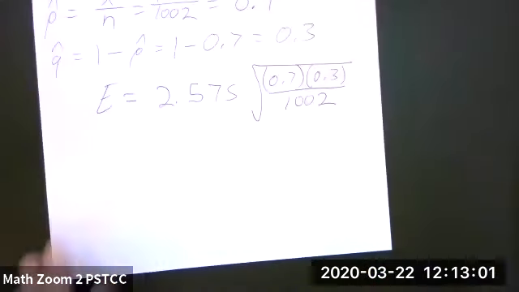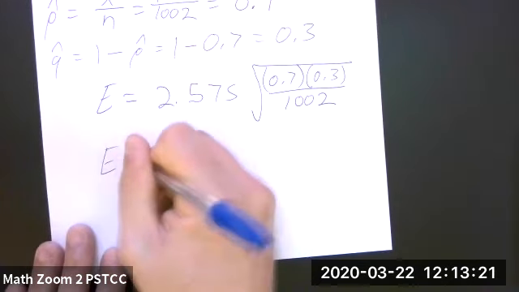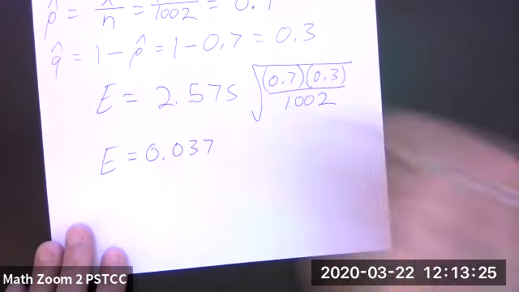Start with what's under the square root. The margin of error is 0.037.